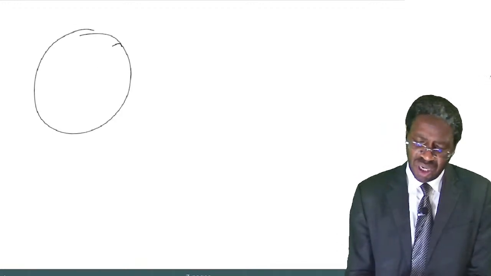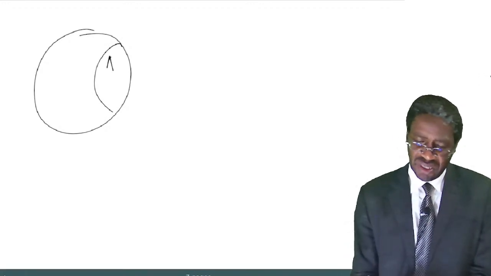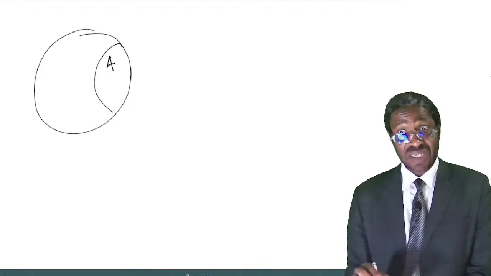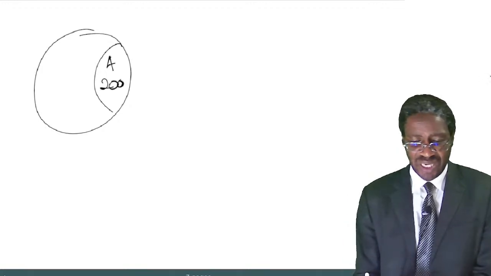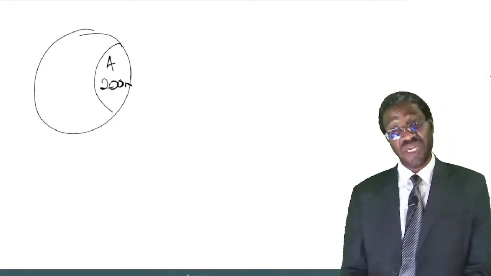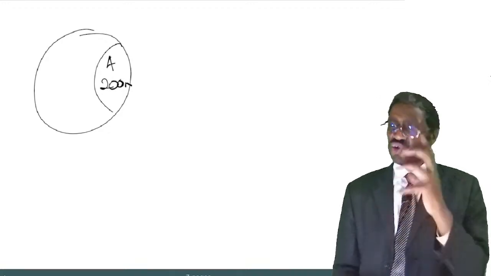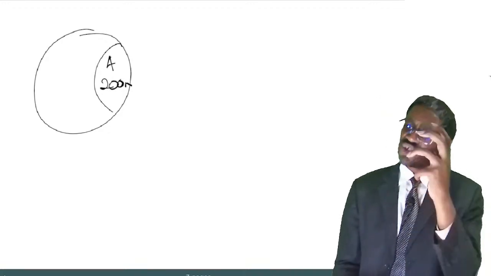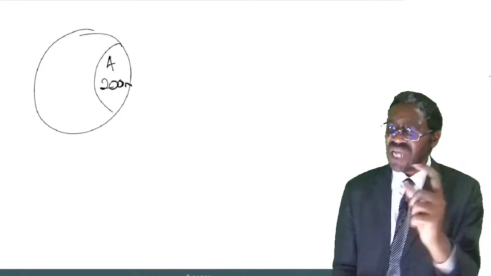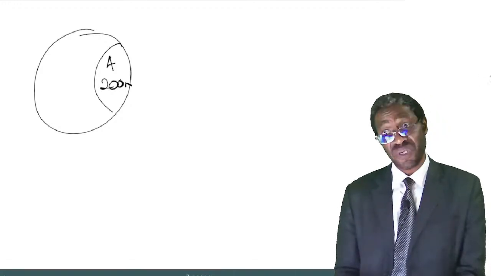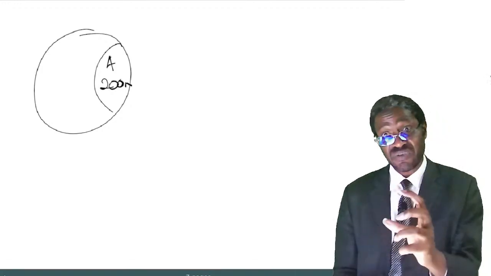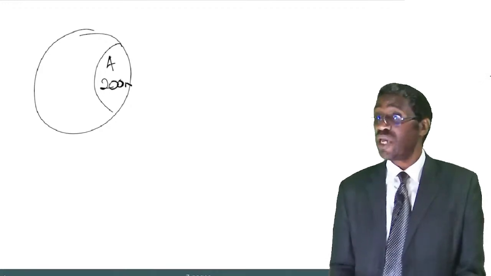As a company, let's assume you have an asset called A. That asset has a carrying amount, let us assume, of 200 million. You want to know, could this asset have suffered any impairment loss?